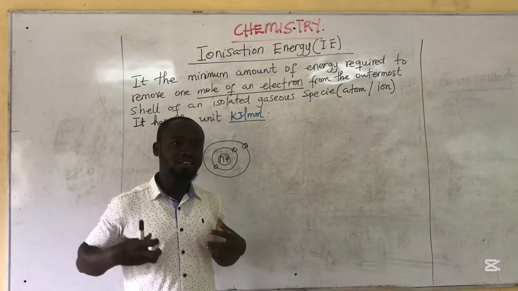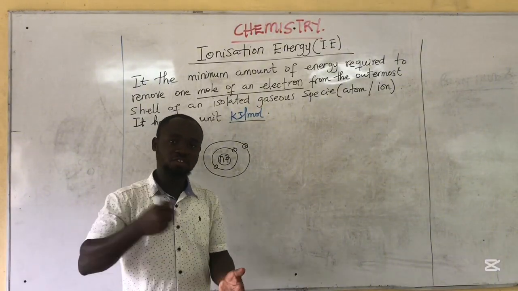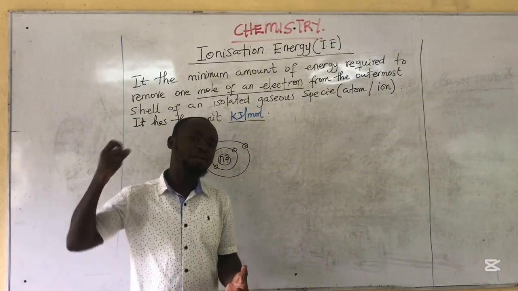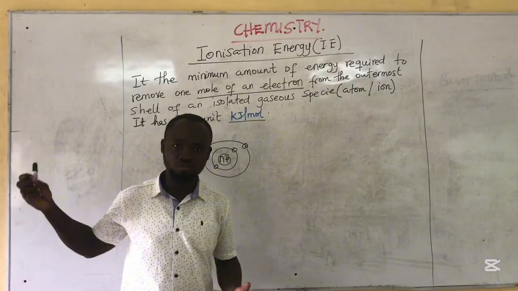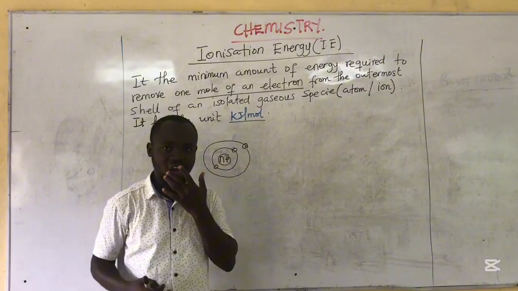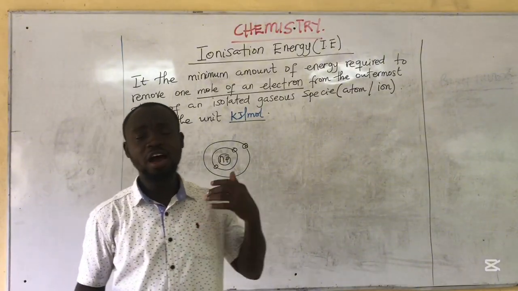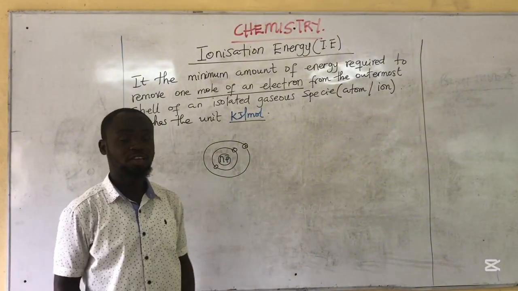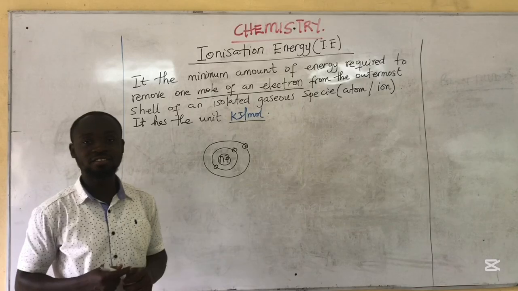So after applying some energy to remove the first electron, and I then apply another energy to remove another electron, that becomes the second ionization energy. If I remove another electron, it becomes the third ionization energy.